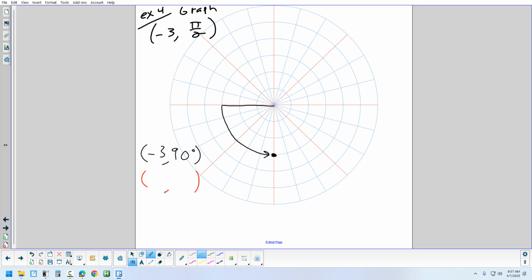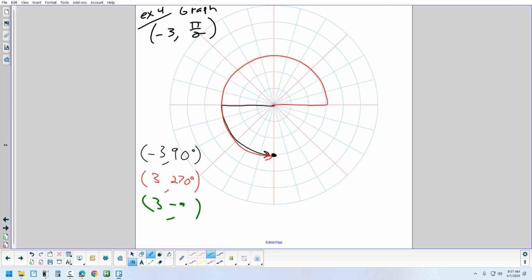Anyone think they can give me a different coordinate that still gets me to the same spot? 3, 270. Okay, that's another way. So that's 1, 2, 3, and then 270 would bring me around like that. How about another way? 3, negative 90.